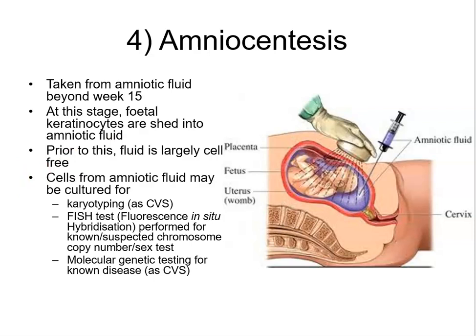To perform a karyotype, we need to culture the cells to be able to see the chromosomes. We can also perform a FISH test, which I'll talk about later. Fluorescence in situ hybridization looks for specific chromosomes, so we can count the chromosome numbers, or we can extract DNA and perform a polymerase chain reaction test to look for very specific mutations that we know are present in one or both of the parents.